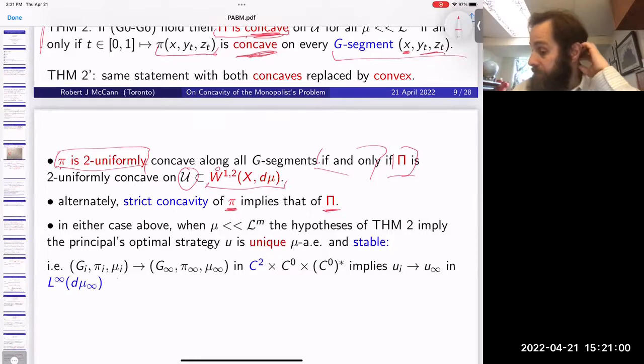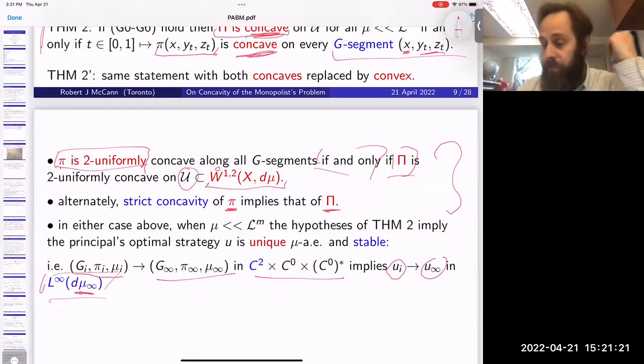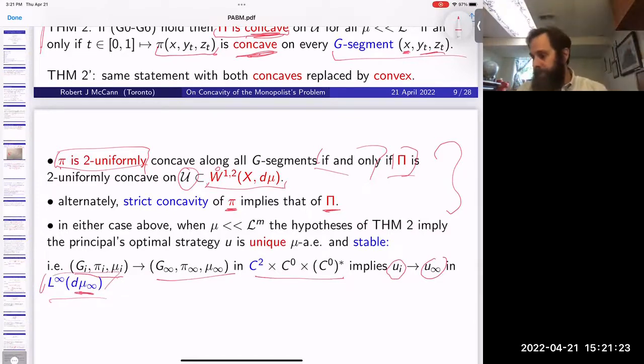And in either of these cases, you get uniqueness of the optimal strategy and you get stability, in the sense that if you have a sequence of data which converge to some limiting data in an appropriate topology, then not only will the limiting solution be unique, but the sequence of approximate solutions will converge to it uniformly with respect to the limiting measure of agent distribution.